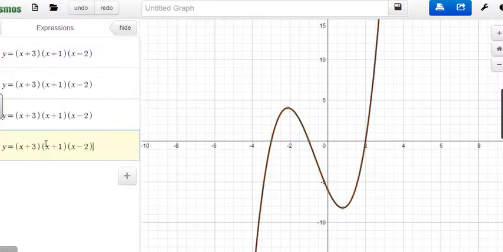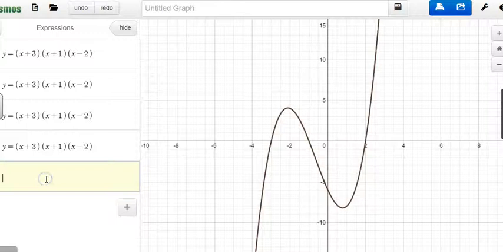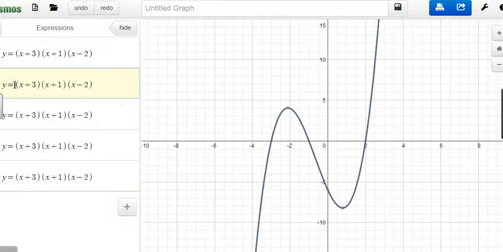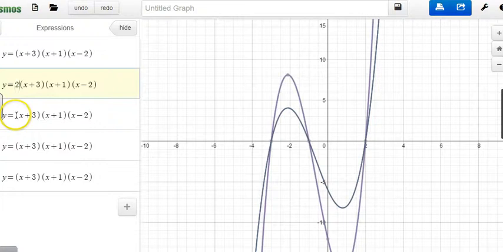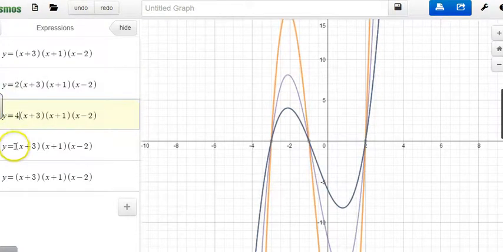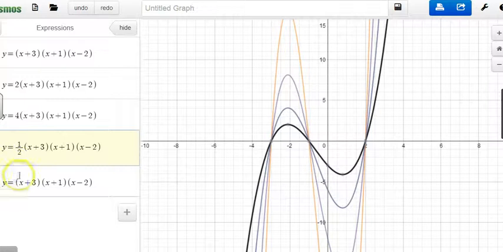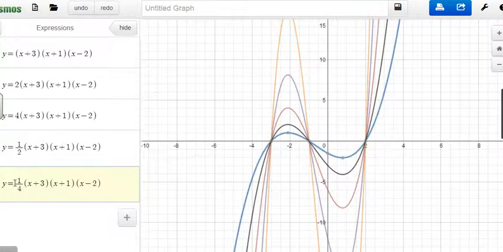Look, the line changes color. Okay, what did I want? 2, 1, a half, and a quarter? Or 2, 4, half, quarter? So I need a 2 here, a 4 here, and a half, 0.5, and a quarter.